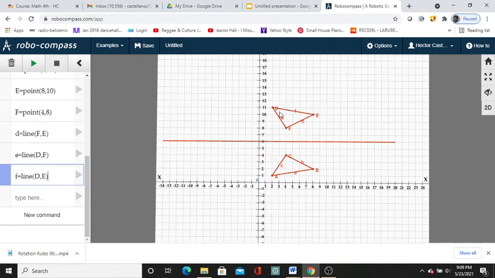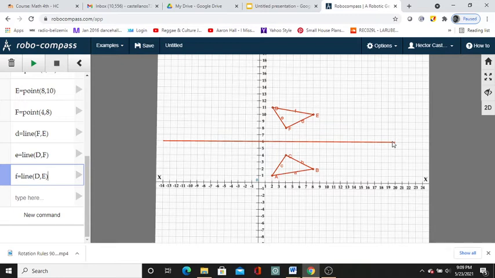This triangle is the image of this one here. Now we have just reflected under the line y equals 6. There's no way we can put this in here, so I'm going to leave that as it is.